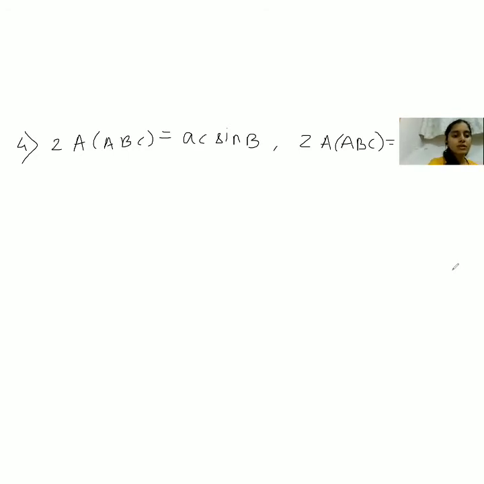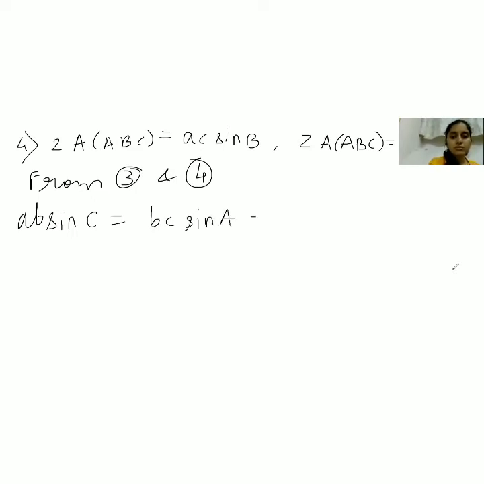So we can say from 3 and 4, we can equate them: ab sine C equal to bc sine A equal to ac sine B, right?